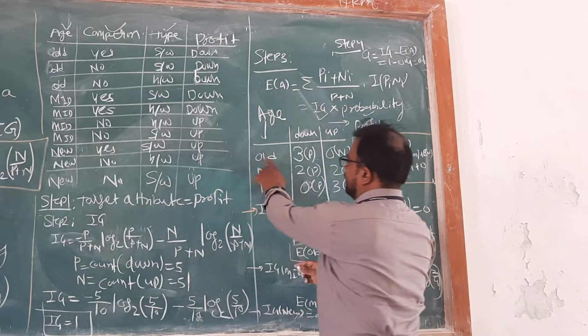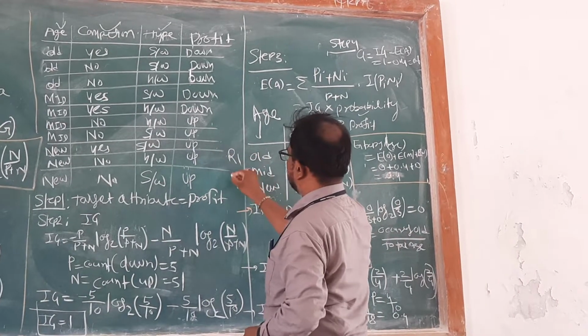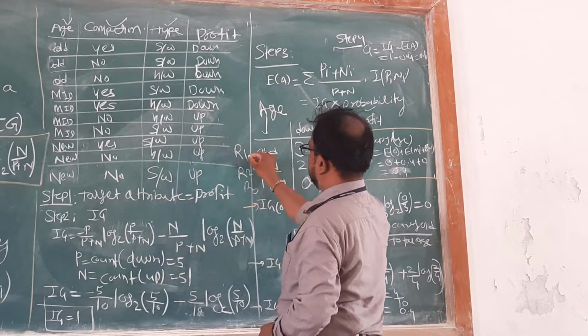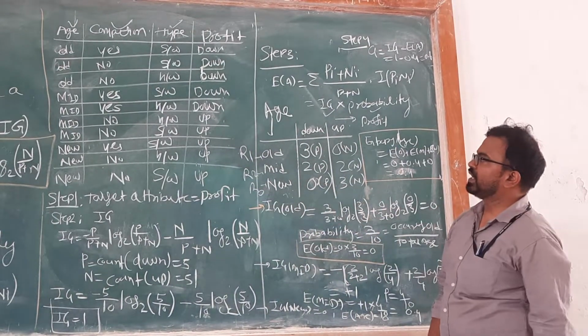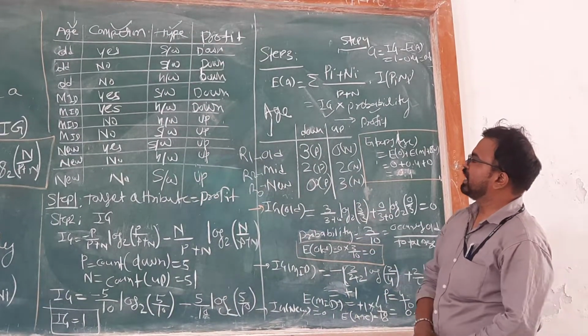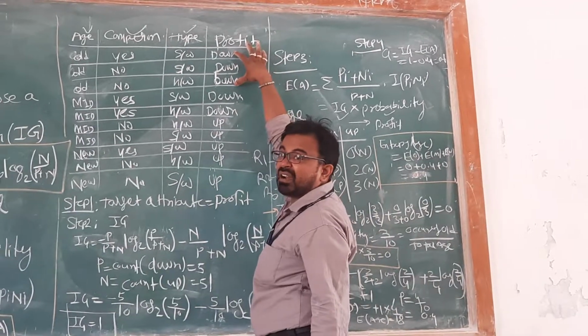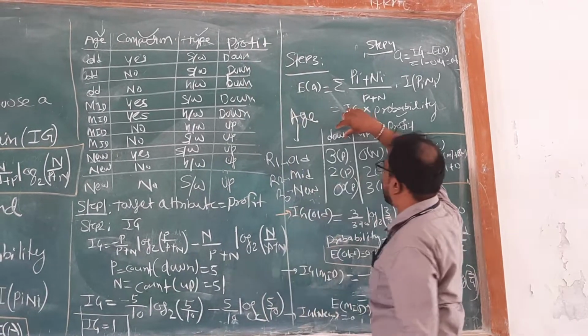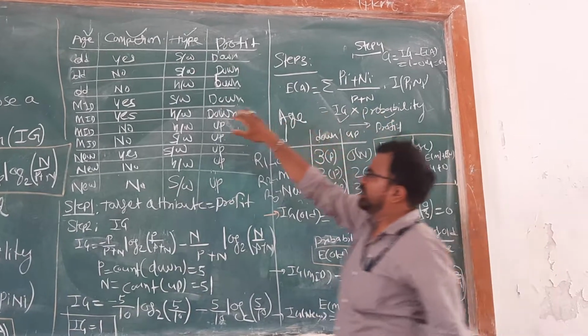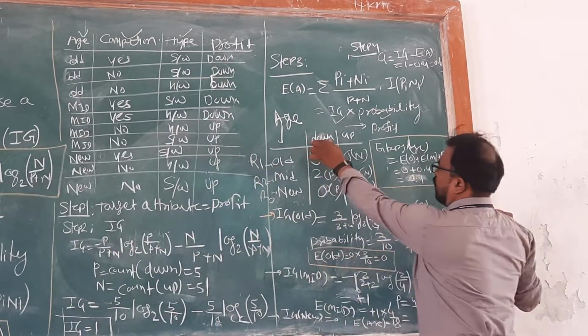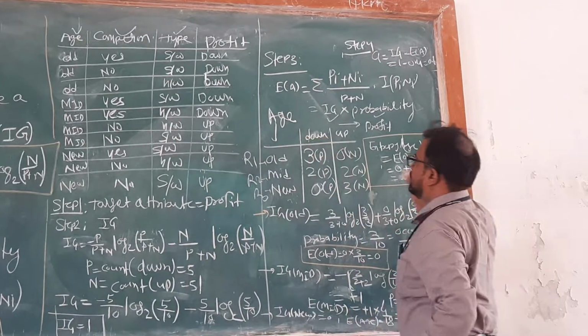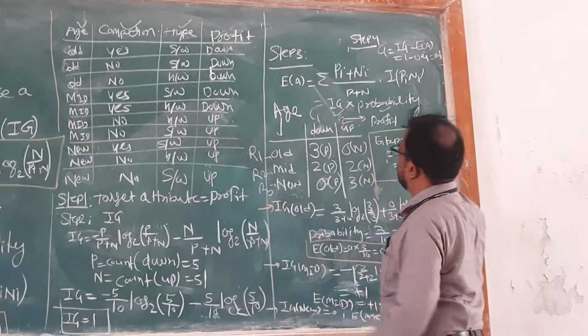We make these as rows, R1, R2, R3. Then there are 2 targets, down or up. Between the age and profit, down will be column 1 and up will be column 2.